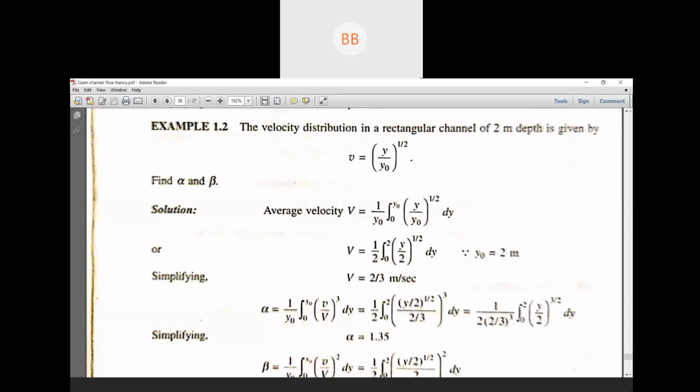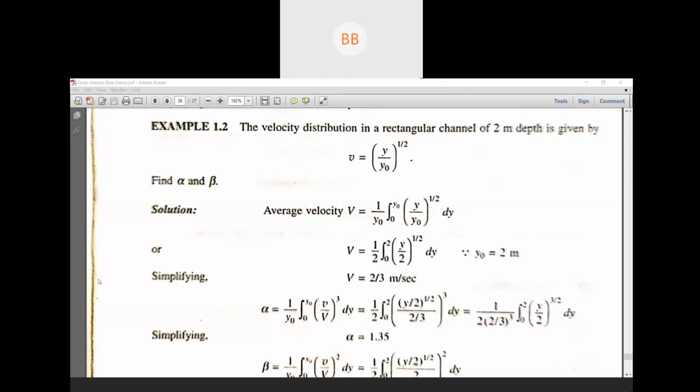So try to find and check whether it's coming or not. Try to solve this alpha and see if this value is coming or not.